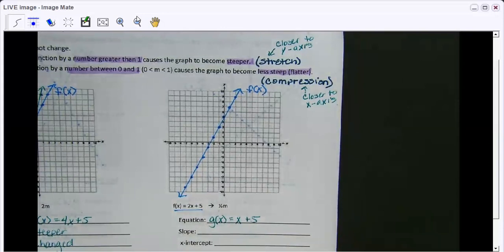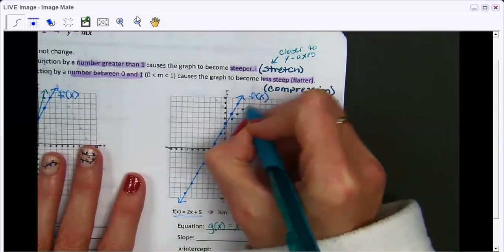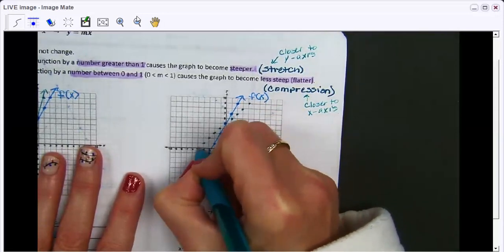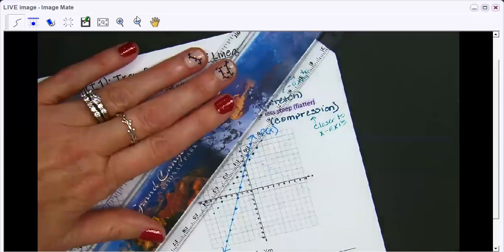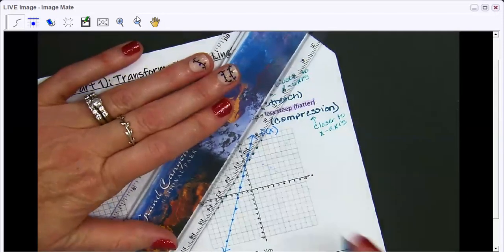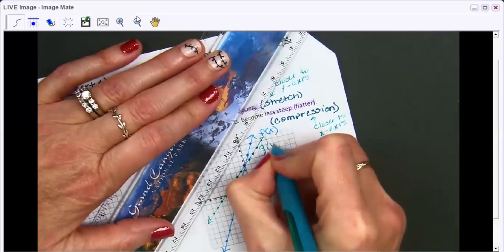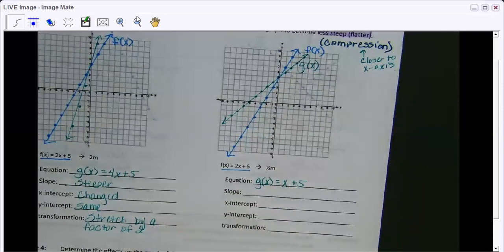So I want you to go ahead and graph this equation. And then I want you to notice what happens to each part of this line.